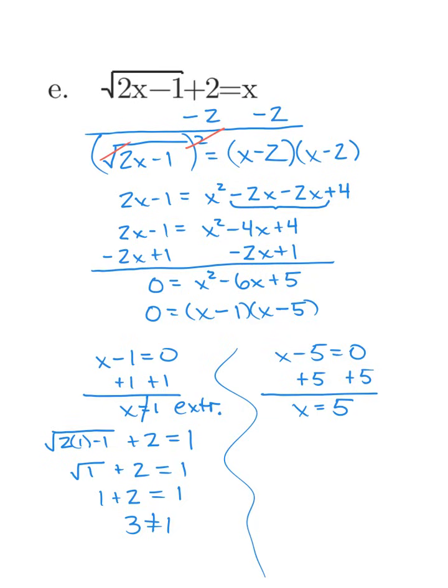So if we plug in 5, we get the square root of 2 times 5 minus 1, plus 2. I want to know, is this equal to 5? So 2 times 5 is 10. Minus 1 is 9. Square root of 9 is 3.